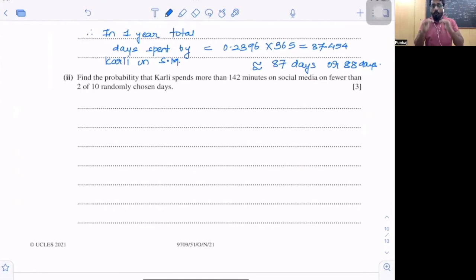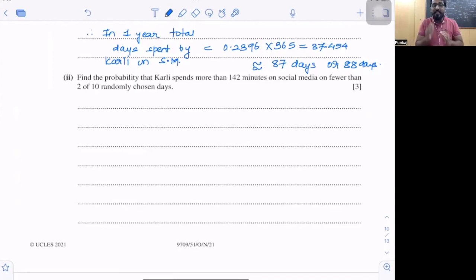But here, find the probability that Carla will spend more than 142 minutes on social media on fewer than 2 out of 10 randomly chosen days. So you want to first of all select 10 days. Okay. And in these 10 days, you want to find the probability that Carla will be spending more than 142 minutes on social media for less than 2 days.